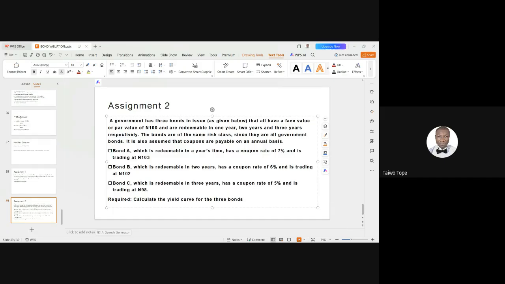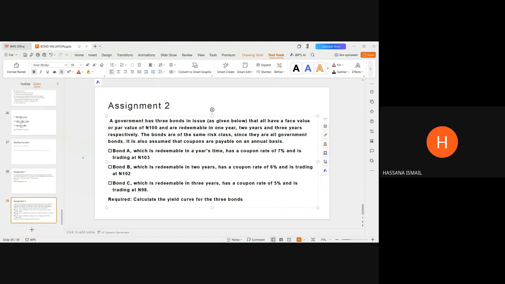Okay. When you look at the question, you have the current value of each bond. And this current value for bond A is what? What is the PV of bond A? The PV of bond A is 103. Your coupon for bond A will be what?